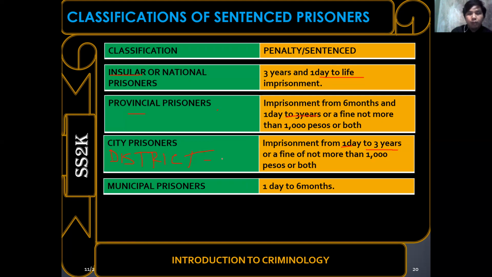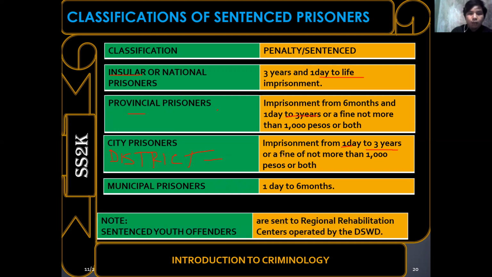Okay, district prisoners. Okay, yung pwedeng ikulong ka sa district prisoners tulad ng Ifugao District Jail, di ba? So that is 1 day to 3 years din, yung pong district jail, ang pwedeng ikulong doon is yung mga nahatulan ng 1 day to 3 years. Okay, yan. Note, no, sentenced youth offenders are sent to Regional Rehabilitation Center operated by DSWD.